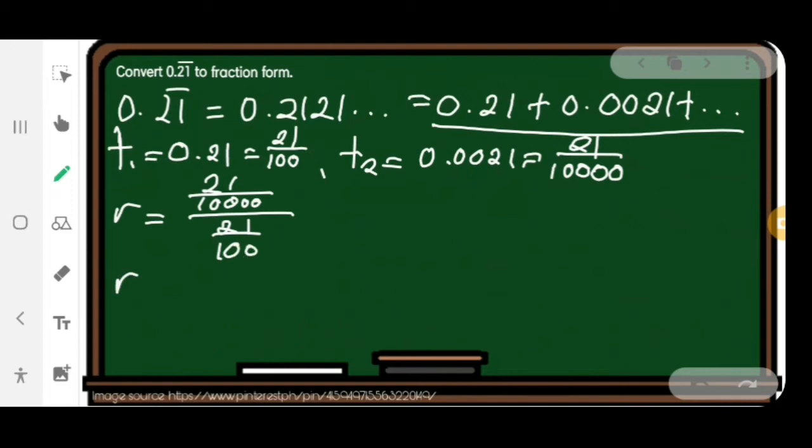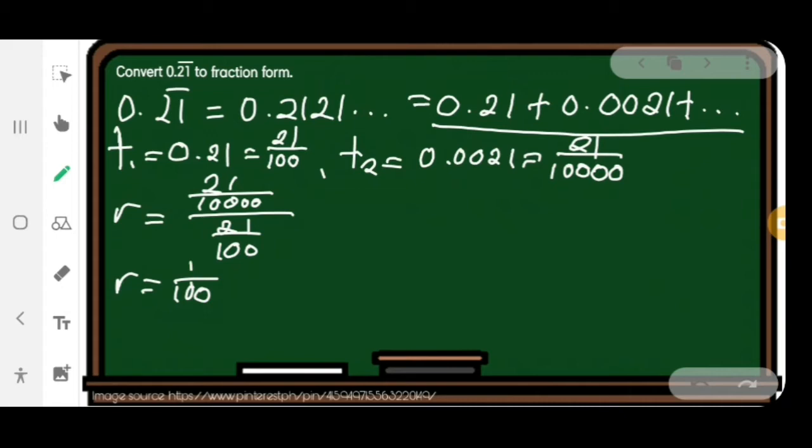So the common ratio now is 1 over 100. Now the shortcut for this, without dividing the second term by the first term, is you just make 1 as your numerator, and then your denominator will depend on the number of digits that are being repeated.